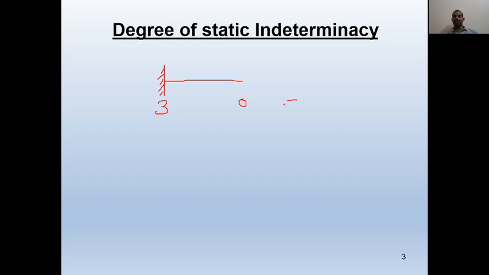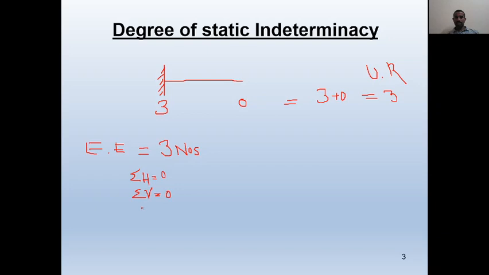So total together, if you add those two, 3 plus 0 will be equal to 3. So this is the number of unknown reactions. Whereas we have equilibrium equations, so that is three numbers again: sigma H is equal to 0, and sigma V is equal to 0, and also we have sigma M is equal to 0, right?